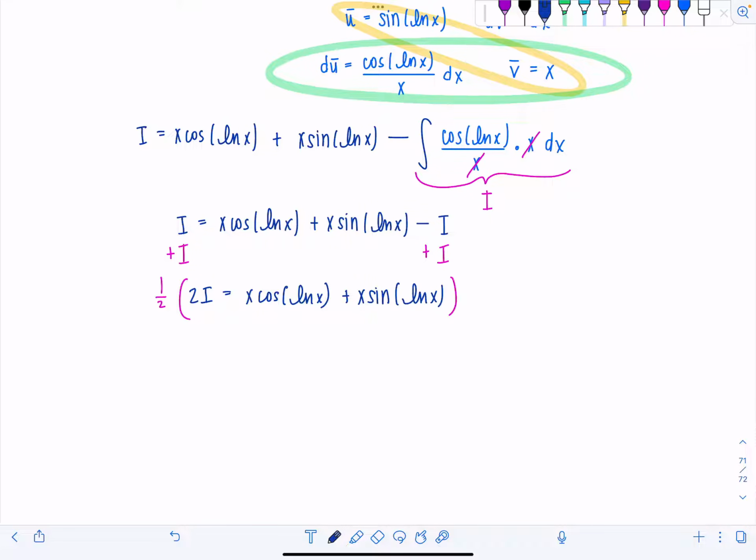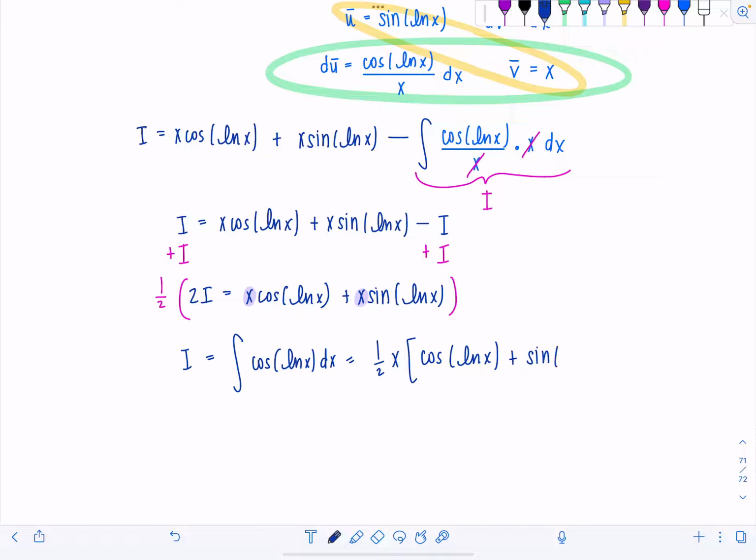And so you can write I equals, or you can just write the original integral cosine of ln of x dx equals 1/2. You know what I'm inclined to do is factor this x out with the 1/2. x, and then we have cosine of natural log of x plus sine of natural log of x.